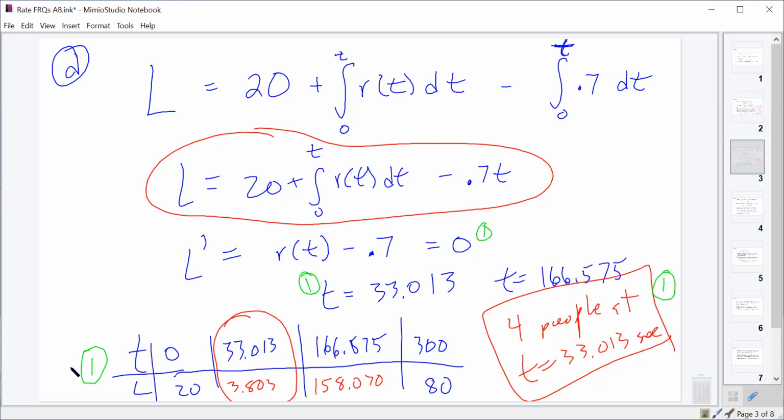A sign chart would have shown that, but this is also a local minimum, so you'd have to show that the value at 33 is less than the value at 300. So just a sign chart wouldn't be good enough. You'd at least need the value here and the value here. Any questions there on part D?